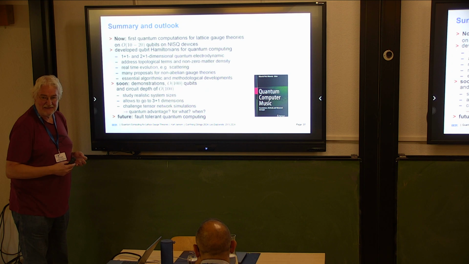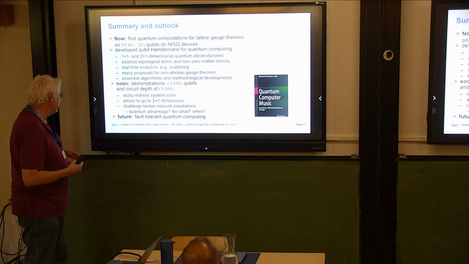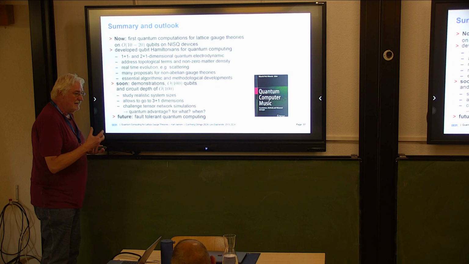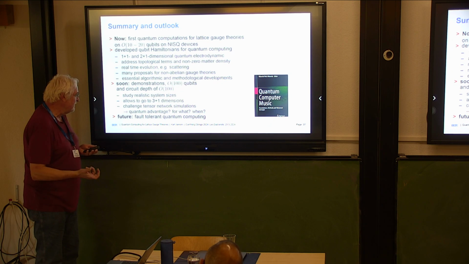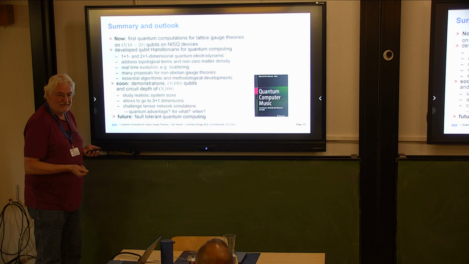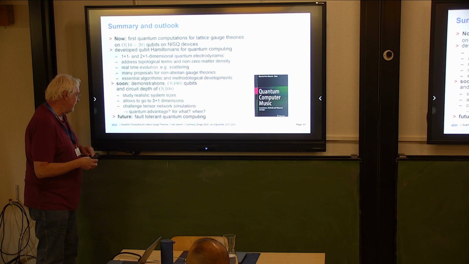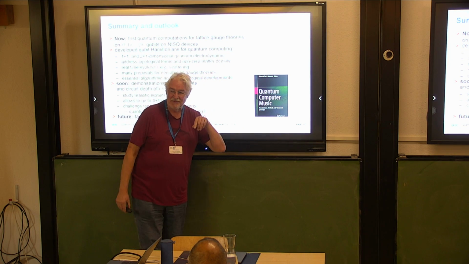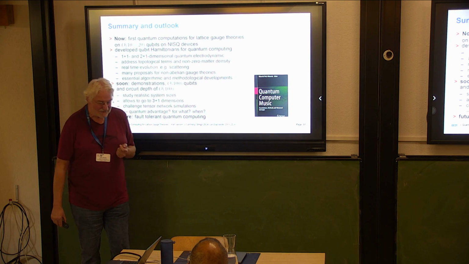They can also handle the sign problem, real-time evolution, and all this. After this, we can really say where we can achieve quantum advantage, for what, and when. Of course, in the future, we will have fault-tolerant quantum computing, and I encourage you all to read our book about quantum computer music. With this, I thank you for your attention.